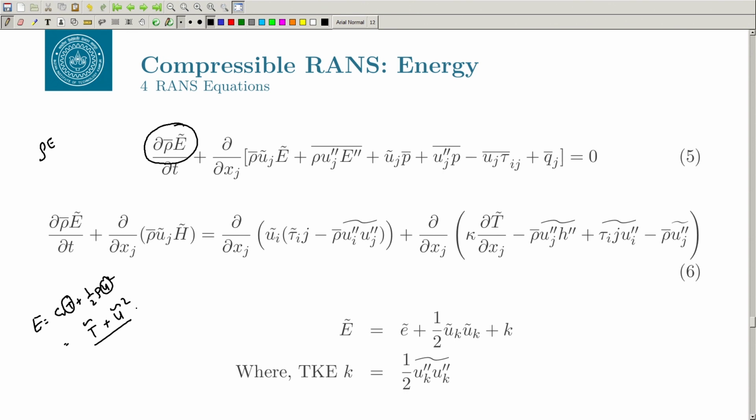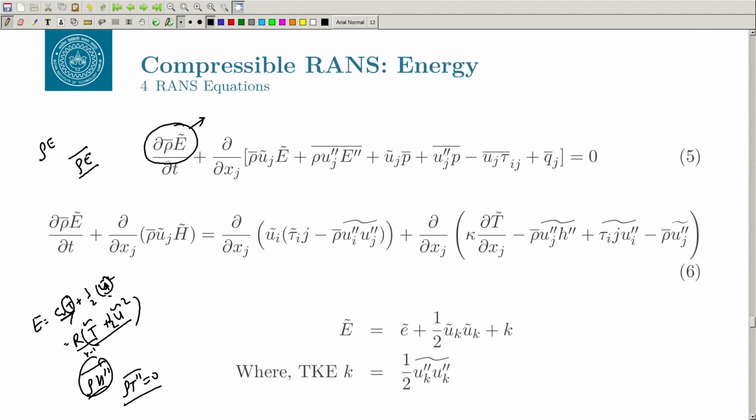Cv equals R by gamma minus 1, so this is RT by gamma minus 1 plus half u square. If you have both the terms in the Favre fluctuations, anything that is multiplied by rho into the Favre fluctuation goes to 0, right. Similarly, your rho T double prime will go to 0. So, these 2 terms will go to 0. Ultimately what will remain is only this term, or you can write it as rho e bar, both are the same, where E consists of both the temperature as well as the velocity.